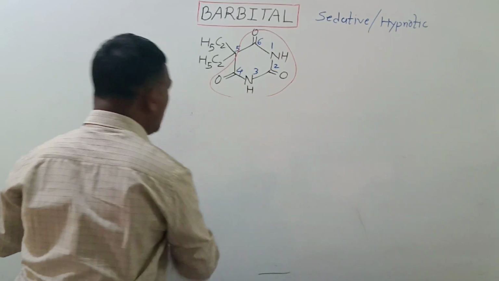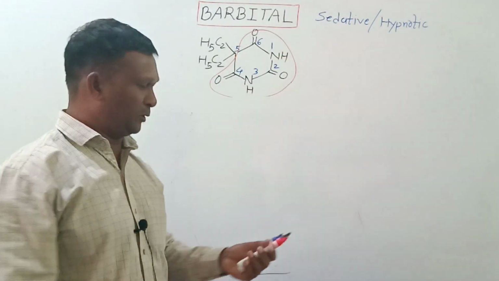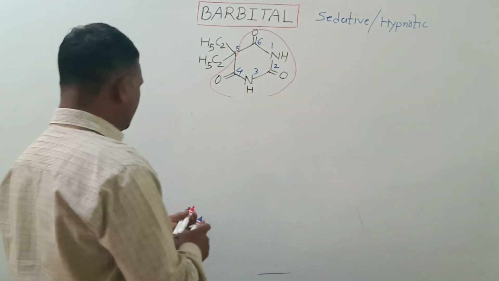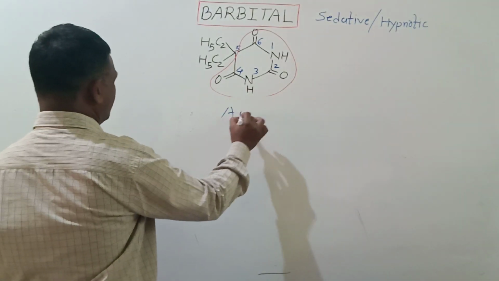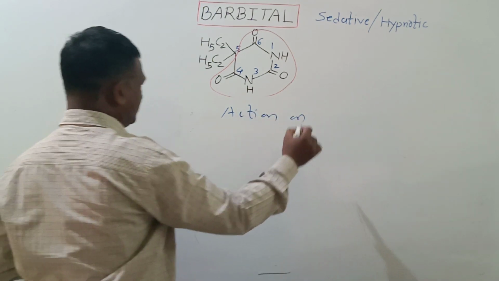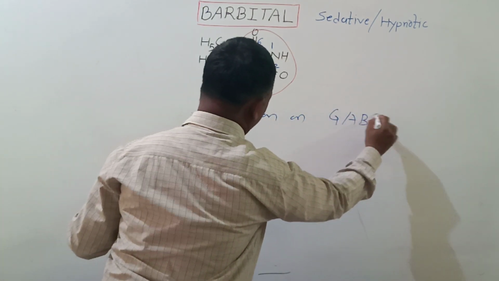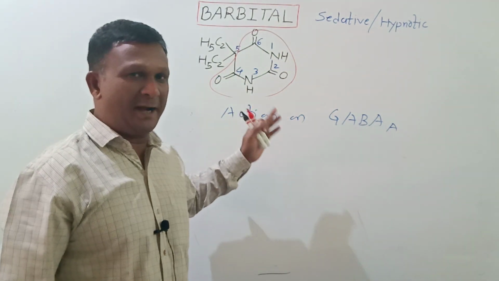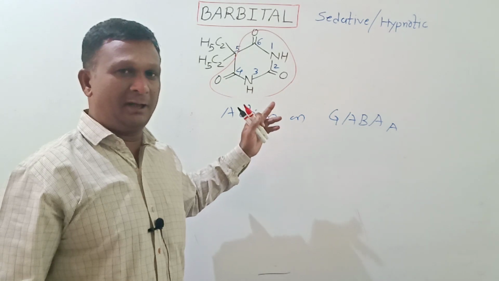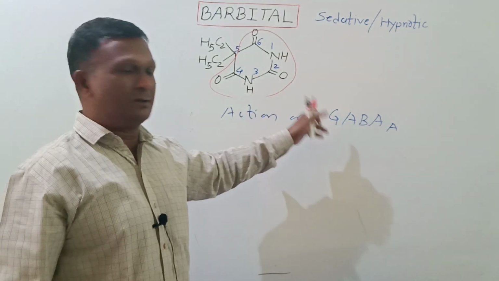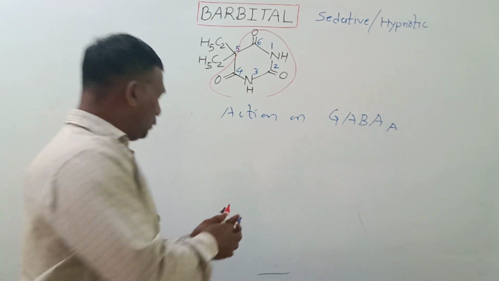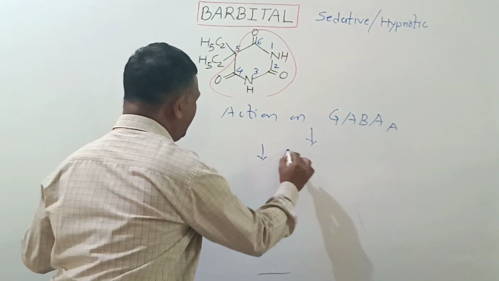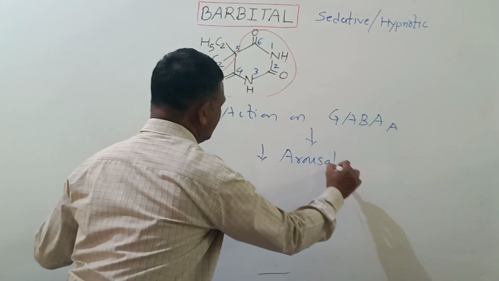This drug belongs to the therapeutic category of sedative hypnotic drugs. This drug has its action on the GABA A receptor, where it facilitates the binding of GABA, the inhibitory neurotransmitter, on this GABA A receptor, due to which there is a decrease in the arousal activity.